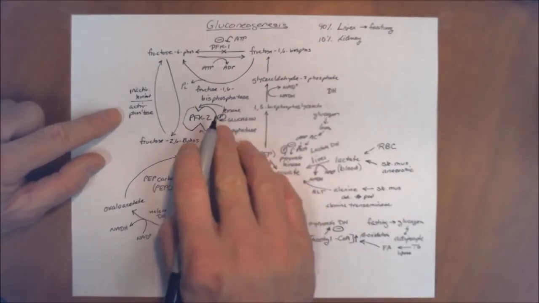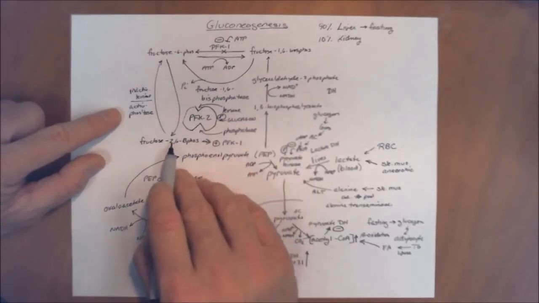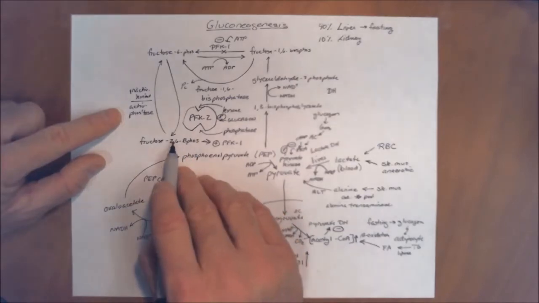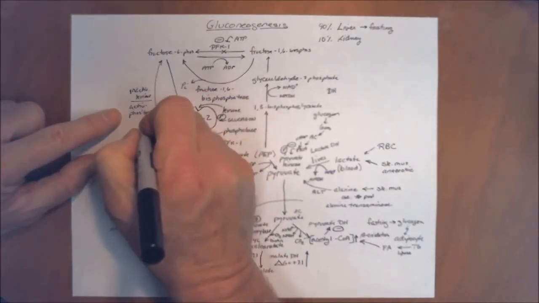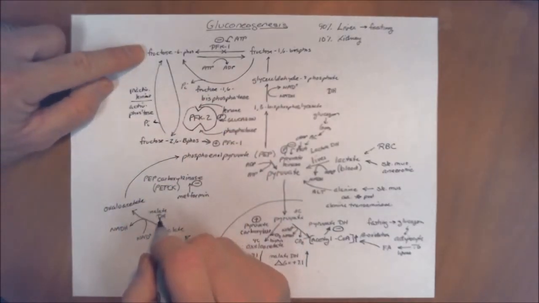So by doing that in a fasting state, we are now activating the phosphatase to decrease and remove the concentration of fructose 2,6-bisphosphate by removing that phosphate from the number 2 carbon, bringing it up to here.